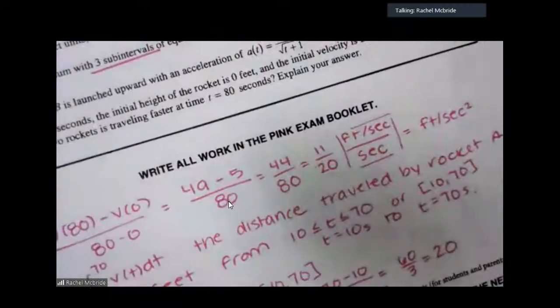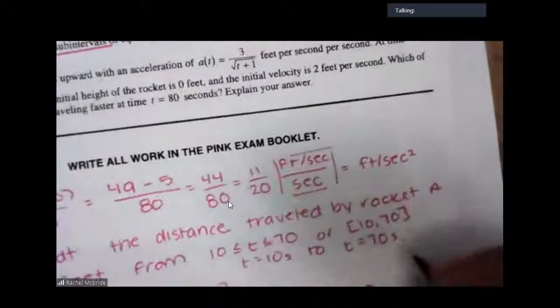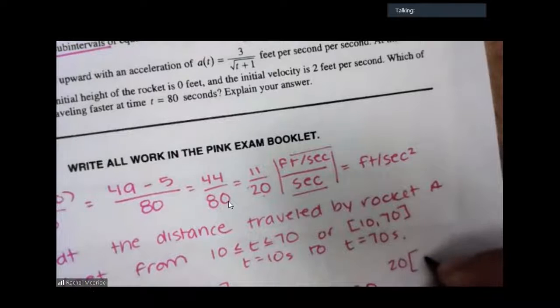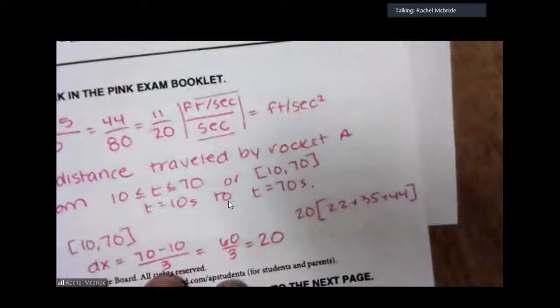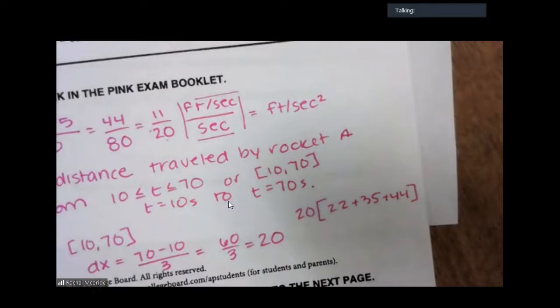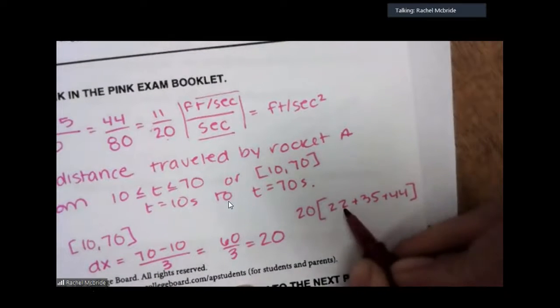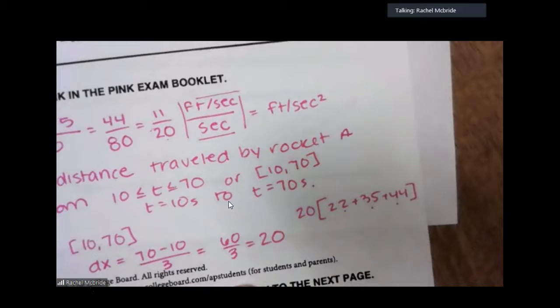So that meant my heights were 22, 35, and 44. To get that final number, I probably would have added all of those together and then multiplied by 20.